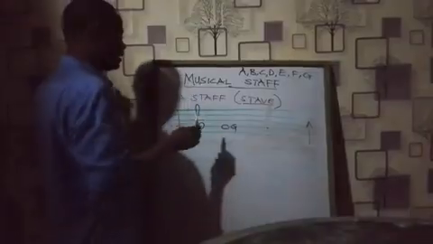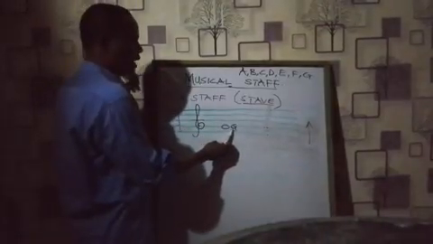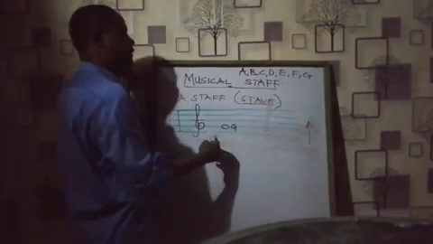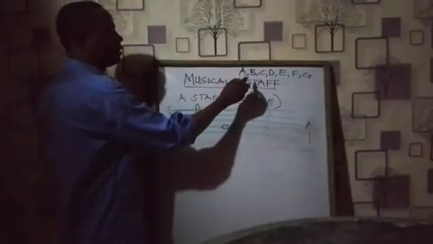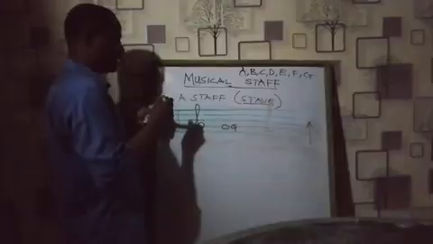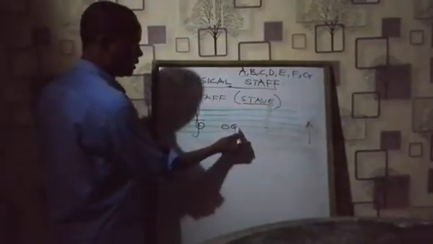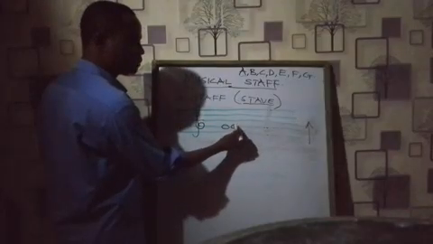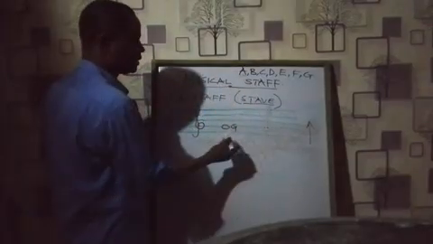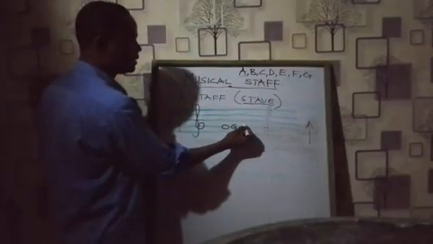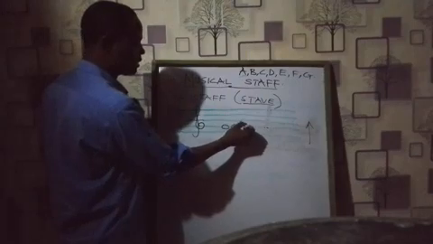If this is our key G, after key G, you start from A again. This is on space, this on the line. You take space, line, space, line, and space like that. If this is G on the line, the next one will be on the space here.